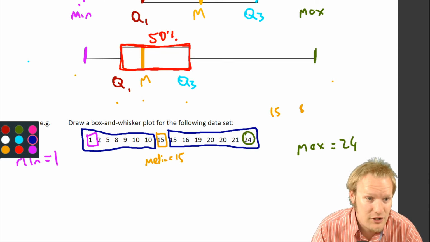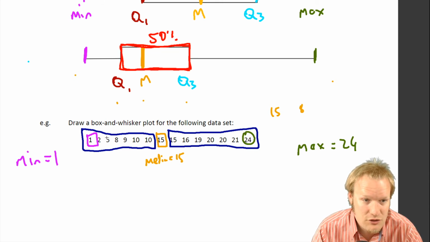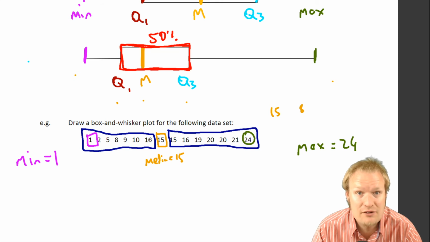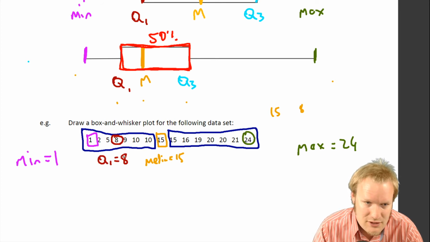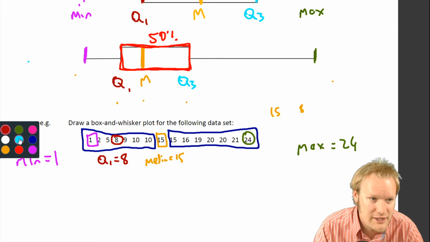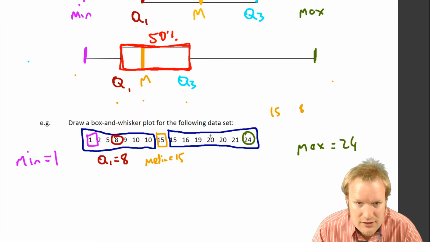Now we look at Q1 and go, well, 1, 2, 3, 4, 5, 6, 7 conveniently has an odd number. So we're going to pick out this middle bit and say that Q1 equals 8. And on the right-hand side, same idea. Q3 sits in the middle of that. Q3 is 20.